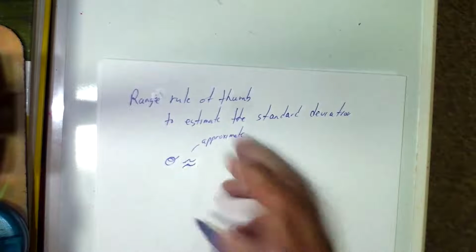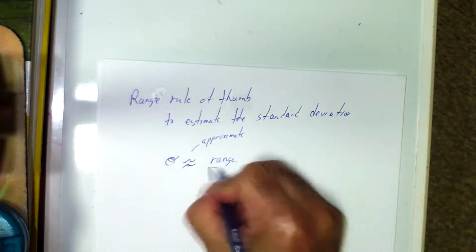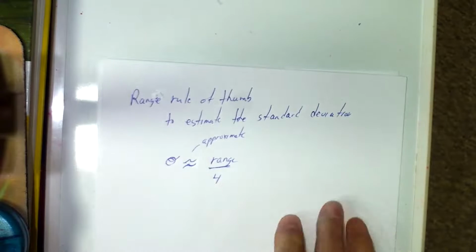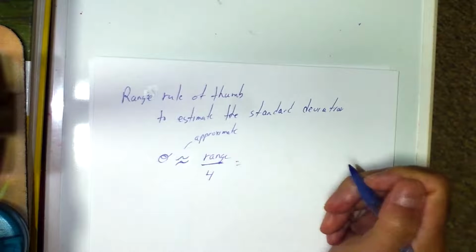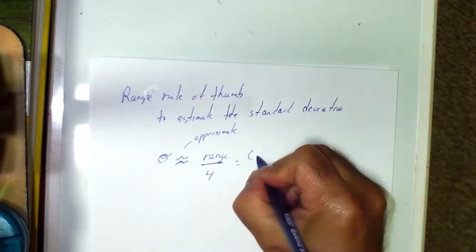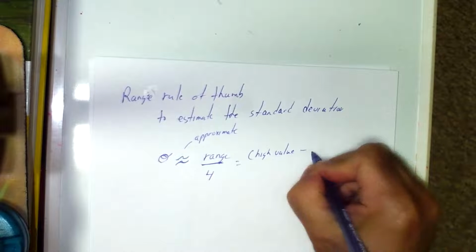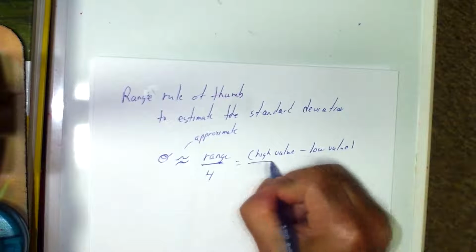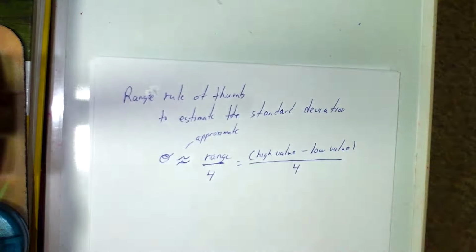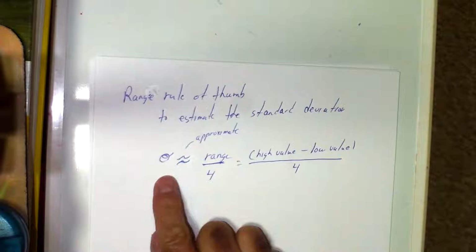It is approximated by computing range divided by 4. You're like, what is the range? You all remember what range is? Range was simply subtracting the high value minus the low value. That gave you the range. And you divide it by 4.